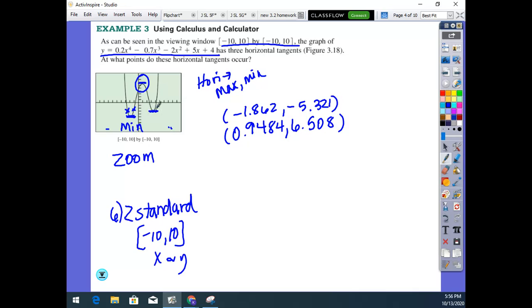And we have one more. That's also going to be a minimum. So each time you're telling the calculator, second trace, calculate the minimum. This is calculating the max. And this is calculating the min to find each coordinate point. And those are the 3 that have horizontal tangents.